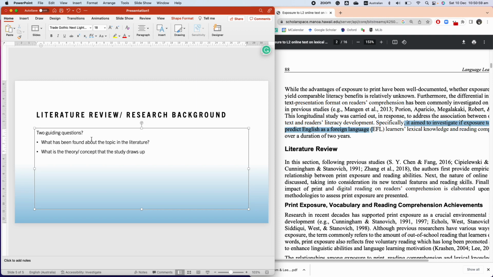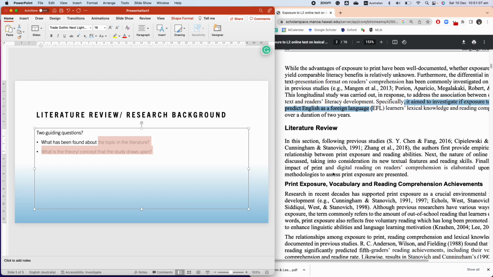upon. You may, there are no fixed numbers in regard to how many sections you should have. It depends on your topic, and you figure it out.